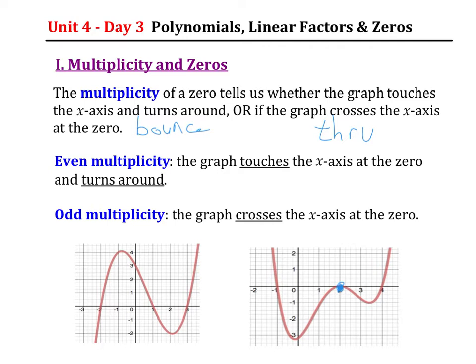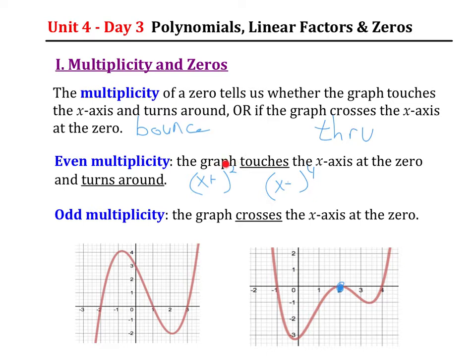If you have an even multiplicity, so even multiplicity is when you have your factor x plus or x minus something, and you have, say, a squared attached to that, or maybe a fourth or a sixth or anything like that, you are going to bounce off the x-axis. So if it's an even multiplicity, it's going to bounce off.